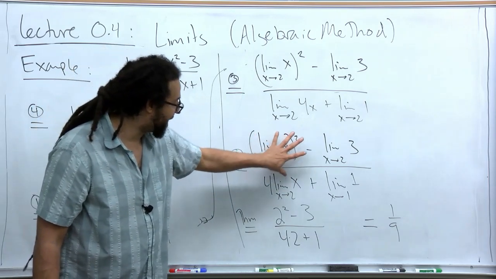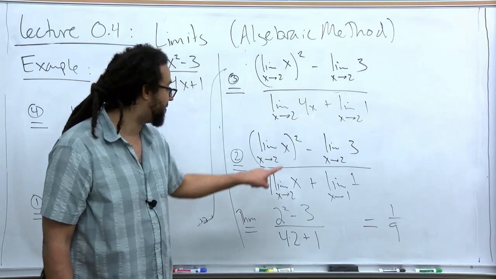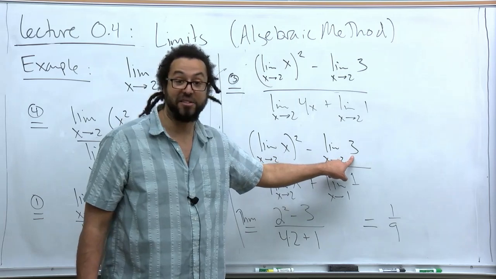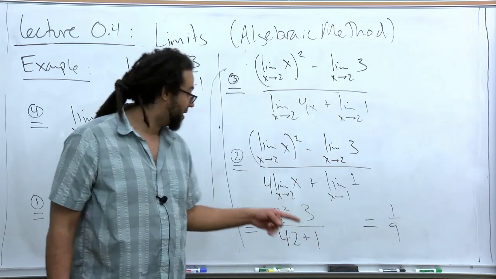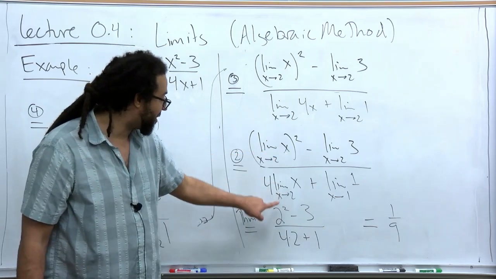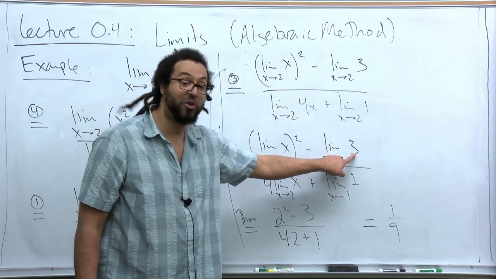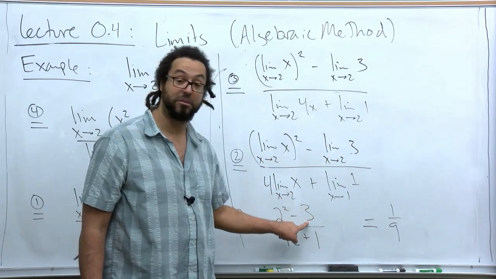And so now finally, how do I get from here to here? Well, that's just that theorem that says if you've got power functions, and you can think of constants as power functions, then you know you can just plug in the number. So when I plug in the number 2 for x, I get 2 squared. When I plug in the number 2 into the constant function 3, I just get 3.